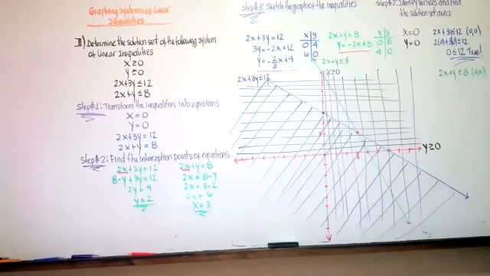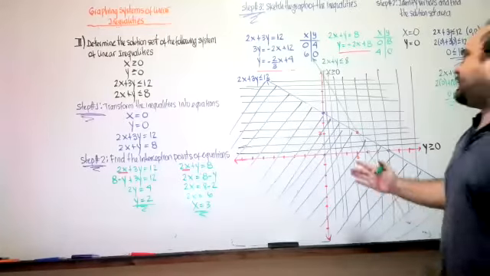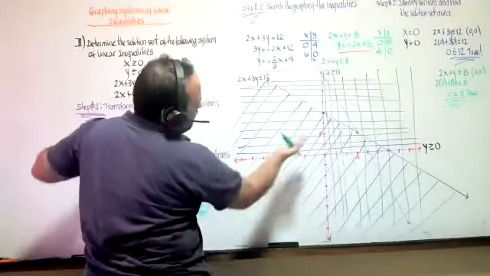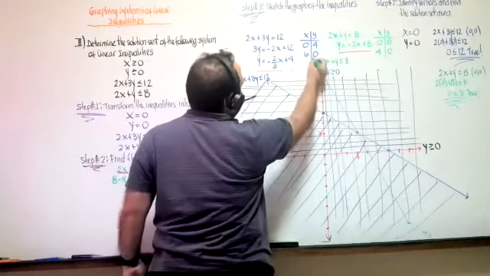I'm going to apply the same test point to the origin located over here. 2 times 0 plus 0 less than or equal to 8, 0 less than or equal to 8. Is this true or false? True. For that reason, I'm going to paint the green equation in front of the blue one.